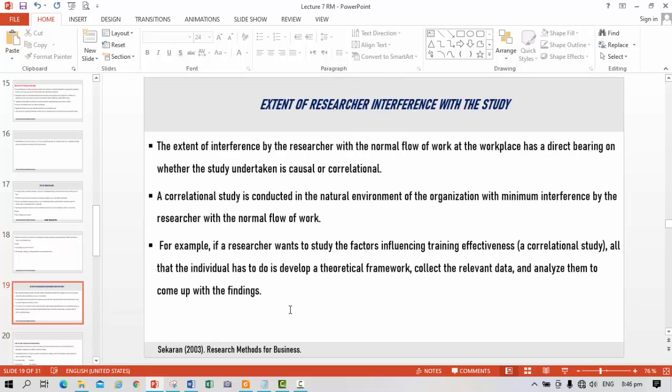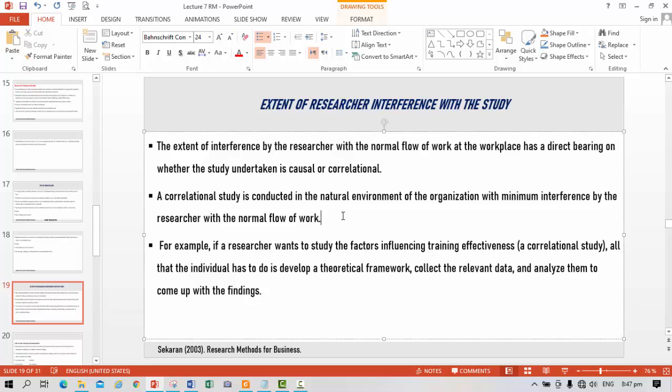The next step of the research design is the extent of researcher interference with the study. The extent of interference by the researcher with the normal flow of work at the workplace has a direct bearing on whether the study undertaken is causal or correlational. A correlational study is conducted in the natural environment of the organization with minimum interference by the researcher with the normal flow of work.